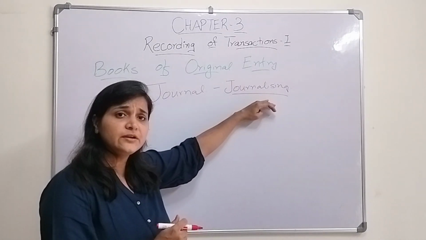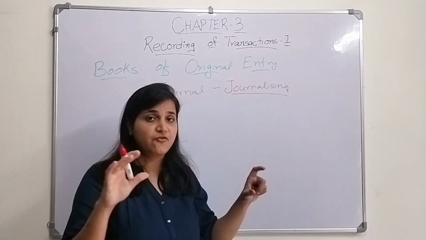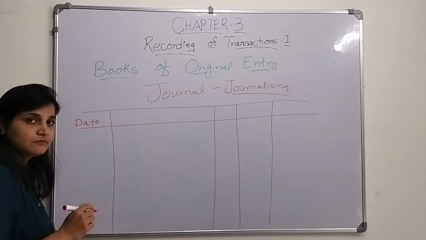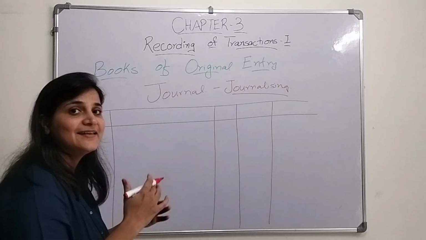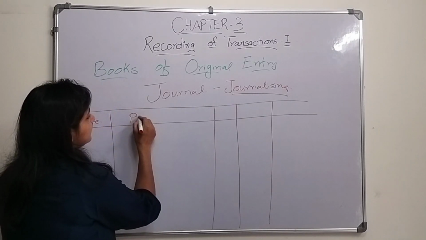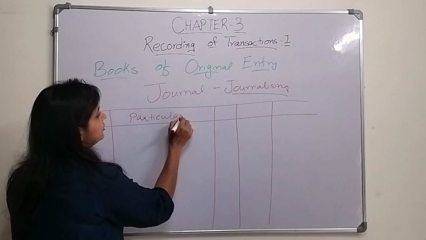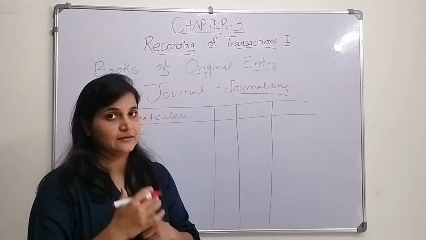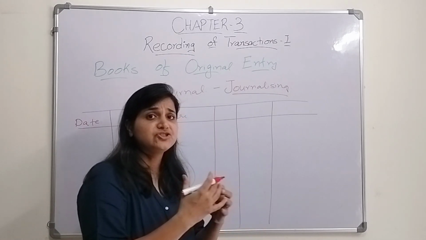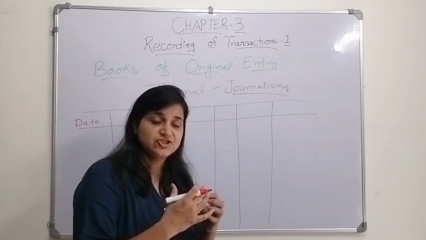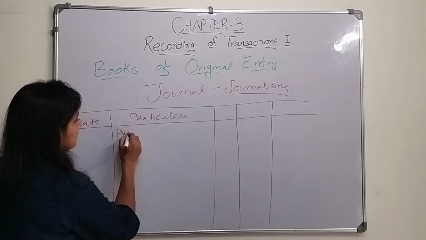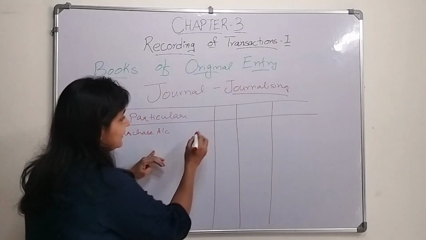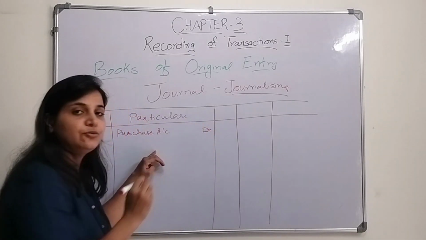How we record it in the books, I will show you a pro forma of it. Here we write the date on which the transaction has occurred. Here we write the particulars, which account is debited and which account is credited. Like I said, purchased goods on credit, purchase account, we write like this, and we keep debit over here.